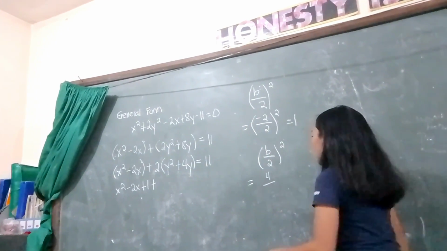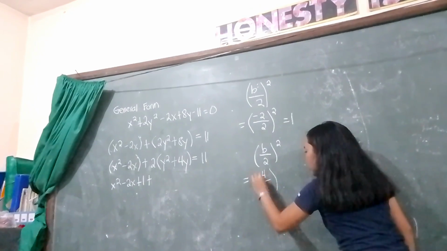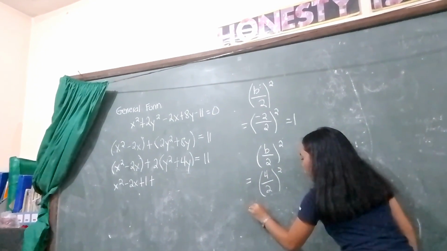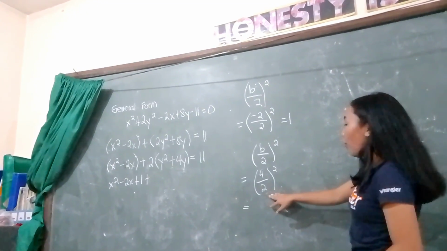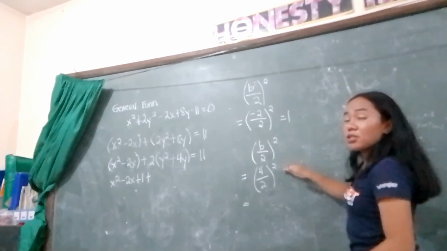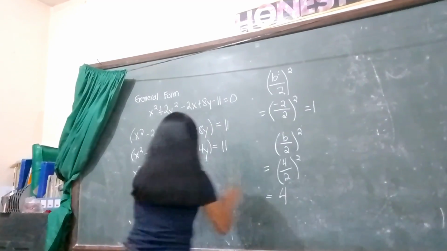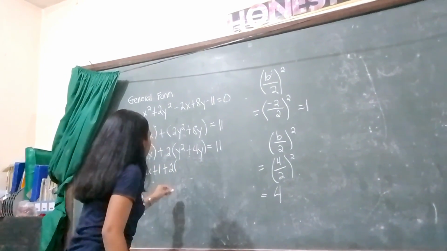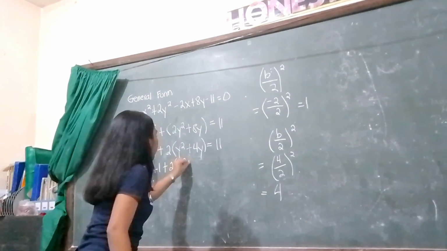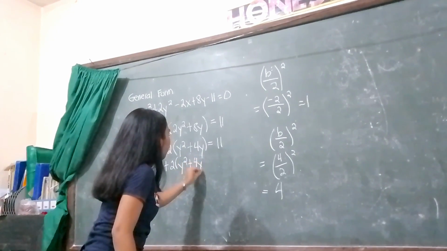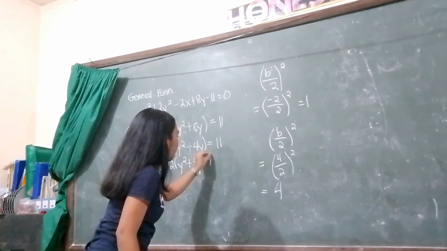So 4 all over 2 raised to the power of 2. So 4 divided by 2 is 2. Raised to the power of 2, we have 4. So we need to add 2y squared plus 4y plus 4 is equal to 11.